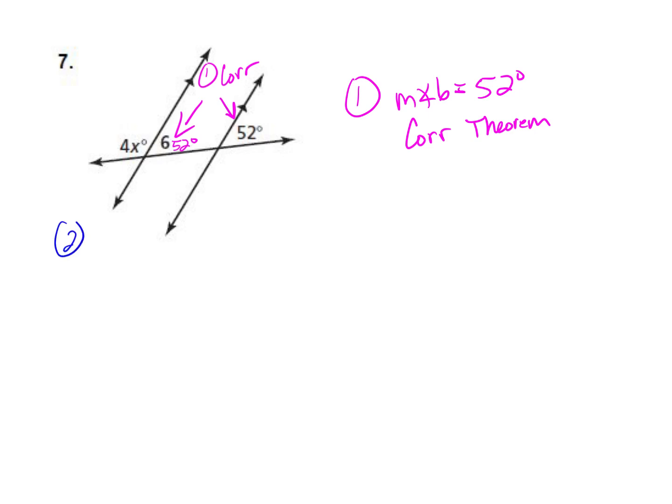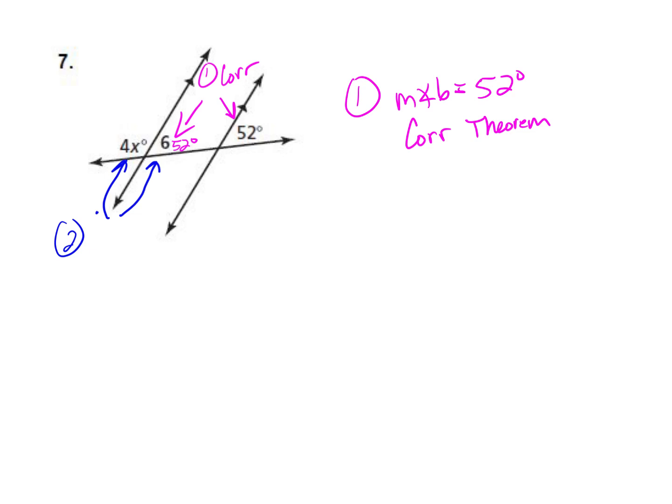Now my second step, I want to compare that 4x with angle 6. This one is one of our 6 special angles, but which one? Let's go through them. Are they corresponding?